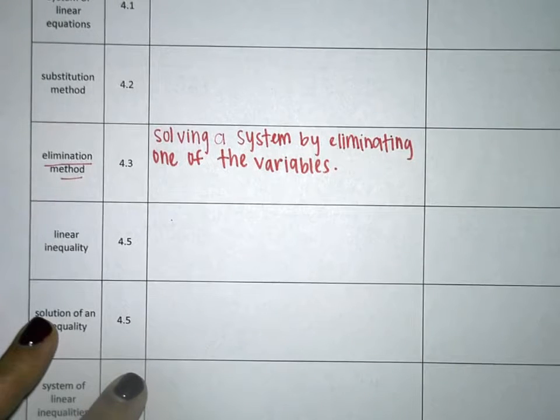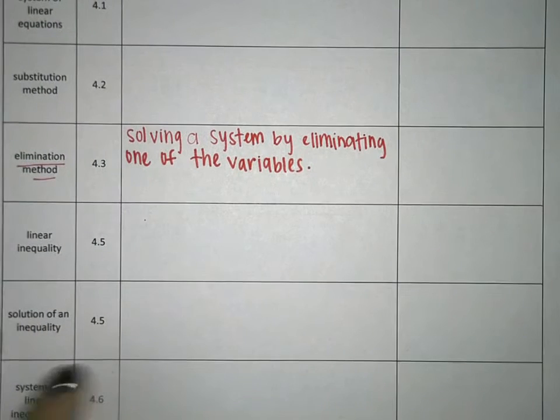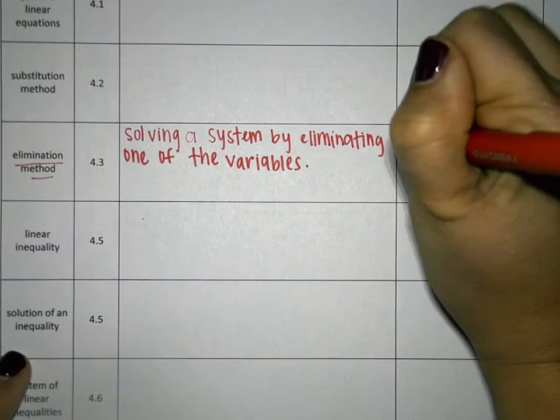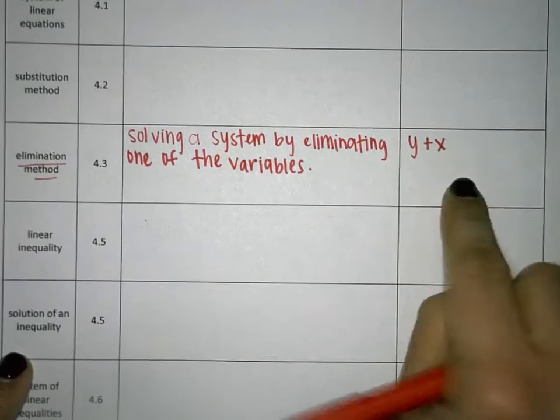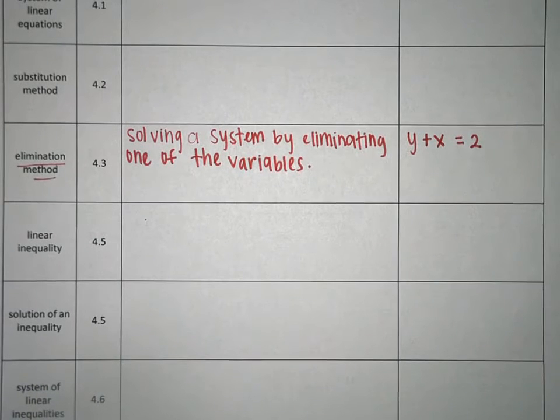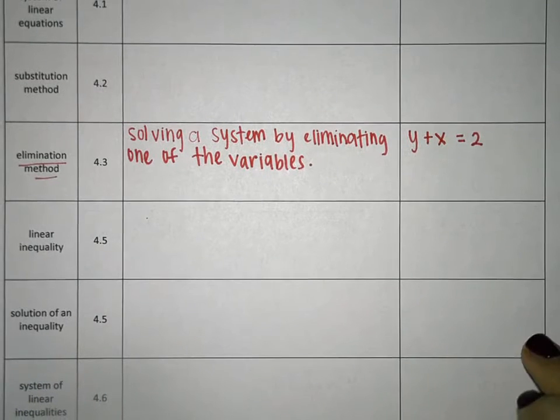So it's similar to substitution in that we are trying to get just one variable in the equation so that we can solve for that one and then plug it back in. But we're going to do something a little bit different. So the first example that you're just going to put in your examples page is a simple example, but we'll get more into it in just a second.